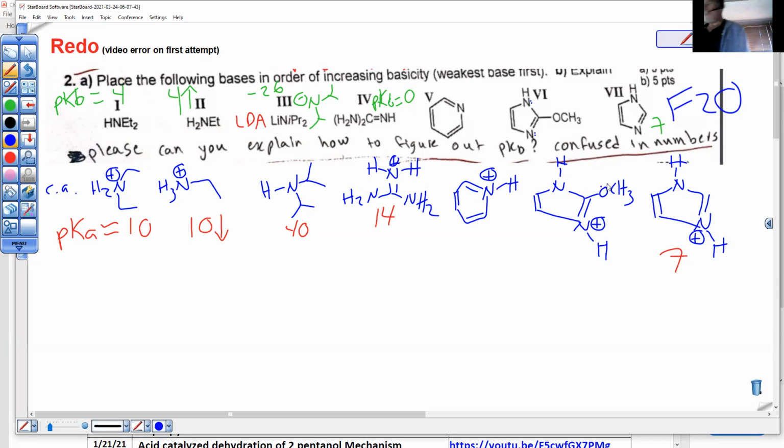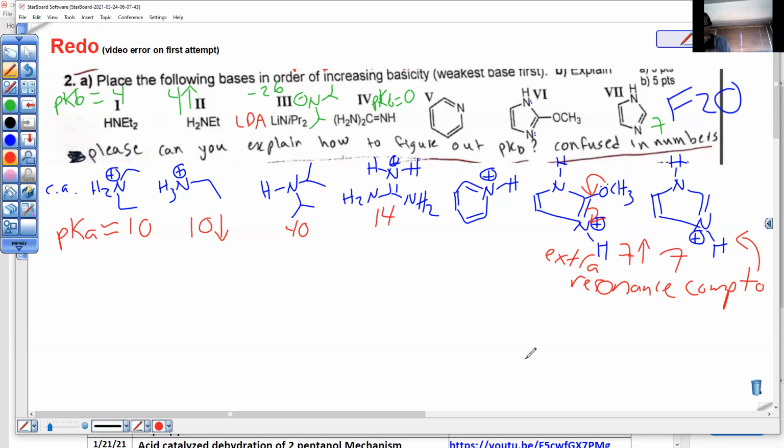The reason why this imidazolium is more stable than the one to the right is it has this extra resonance compared to this one, which doesn't have that. So if I had to say, okay, got extra resonance stabilizing the ammonium ion, that means it's not as reactive. It's not as strong an acid. 7-Up. Oh, there you go. Trade rate, copyright infringement there, 7-Up.